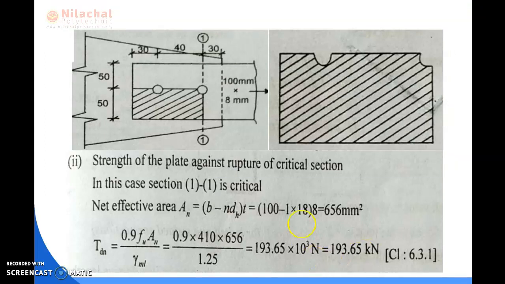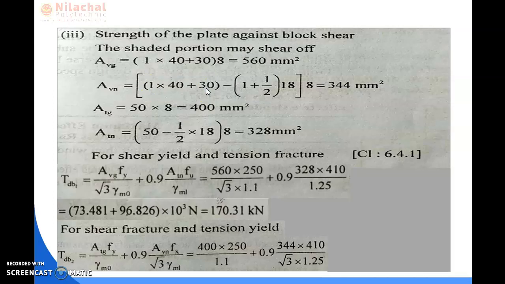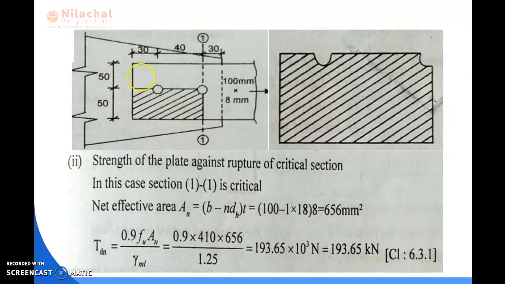For this plate section, the bolting is provided in one row only, so the block shear portion should be here. That means the horizontal portion undergoes rupture and the vertical portion undergoes yielding. This portion is the block shear portion of this plate.